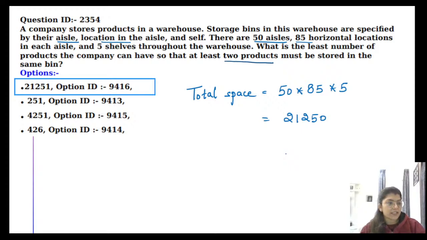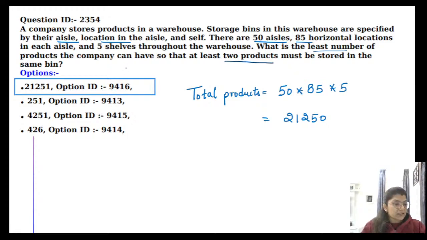So how many spaces do we have? We have 21250 total spaces, meaning that many products can be accommodated. Now they are asking what is the least number of products the company can have so that at least two products must be stored in the same bin.